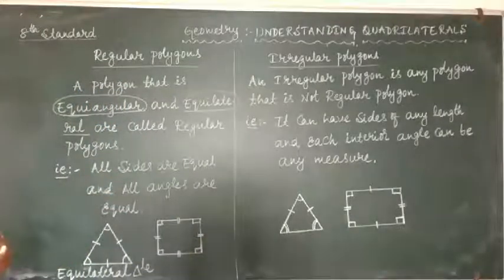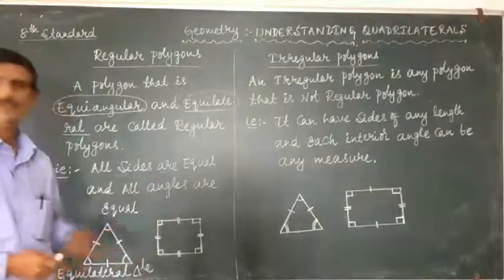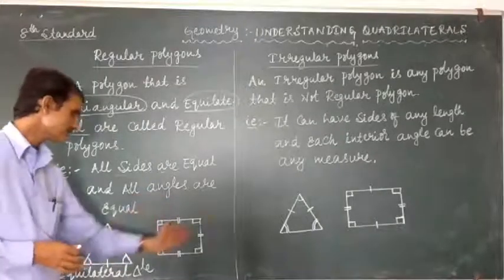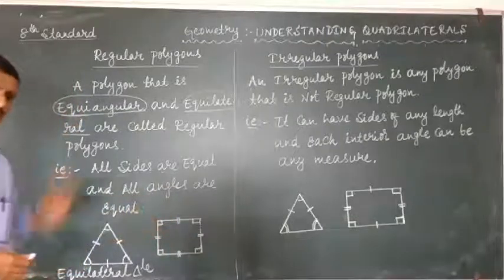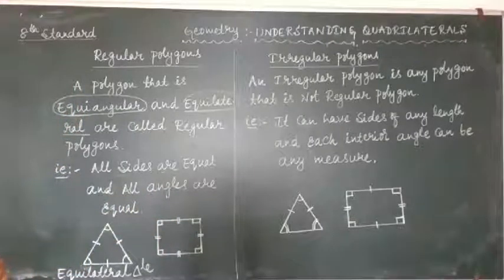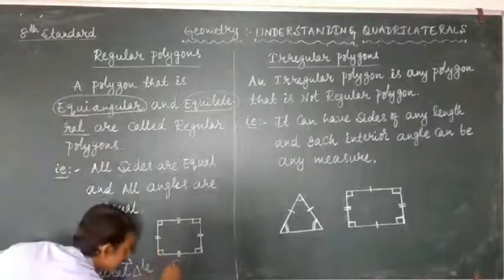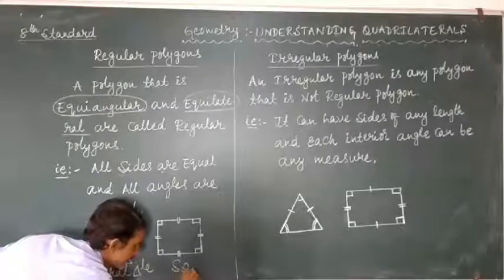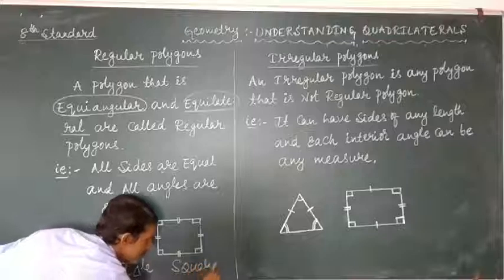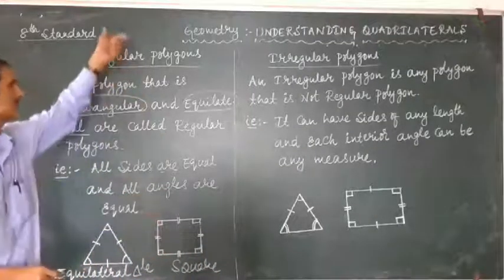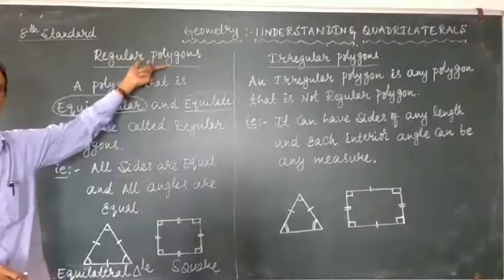So tell me, if a quadrilateral has all the four sides equal and all the angles equal, what is it? Yes, it is a square. Exactly, it is a square. So, a square is also an example for regular polygons.